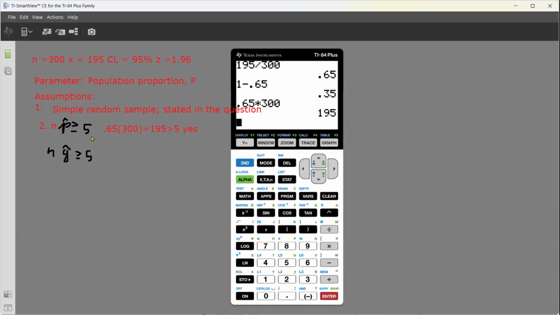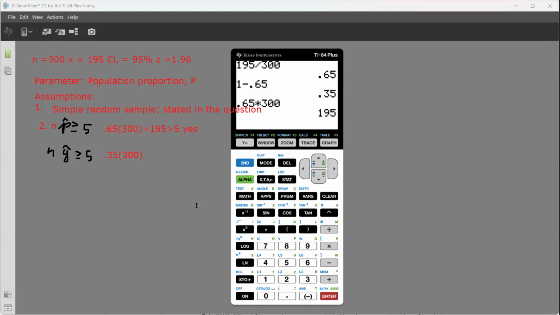Now NQ is going to be 300 times, or actually we'll do 0.35 times 300. You could do it in either order, doesn't matter, not wrong.